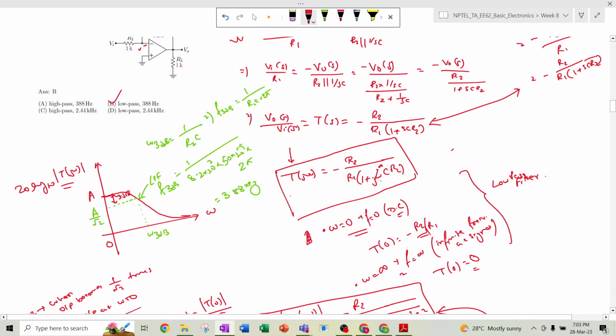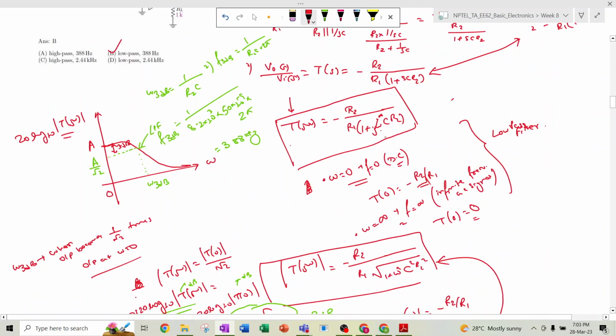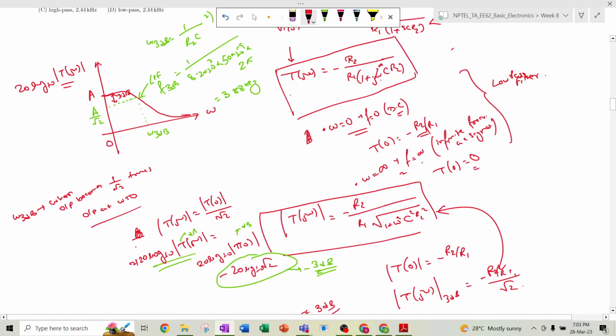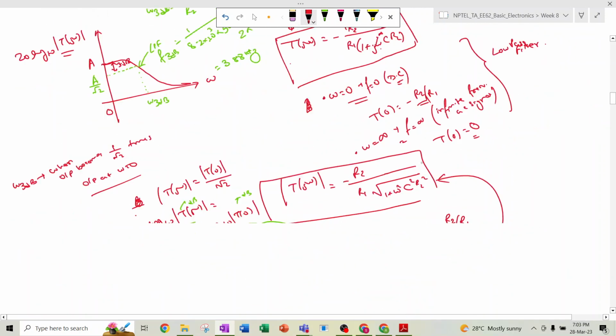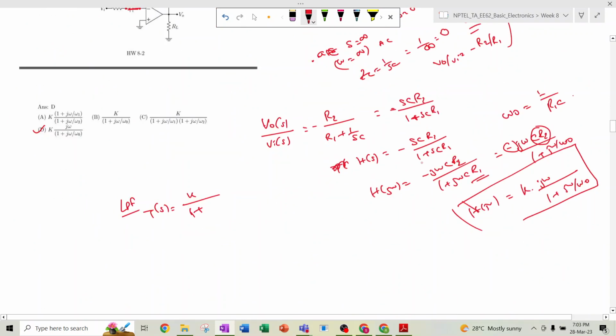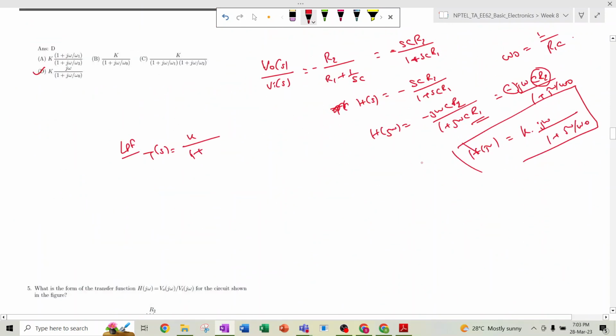In this problem it is K into S divided by 1 plus S into some value, that is CR1.